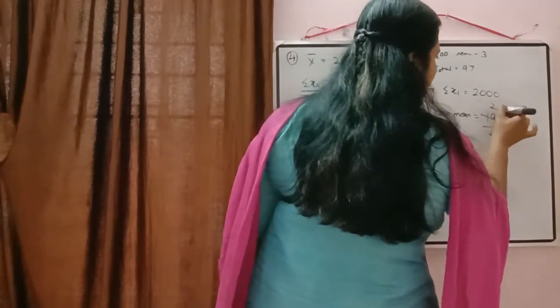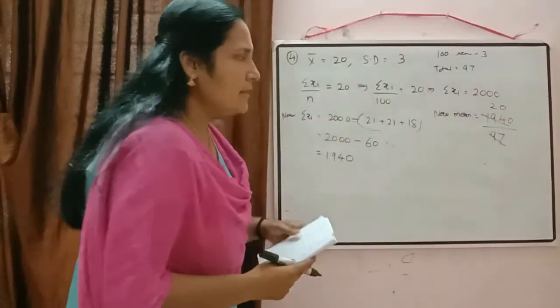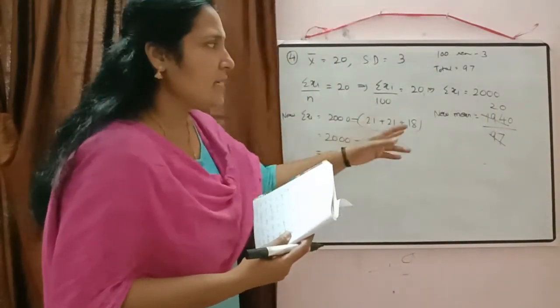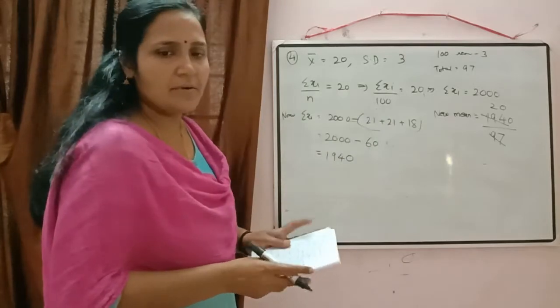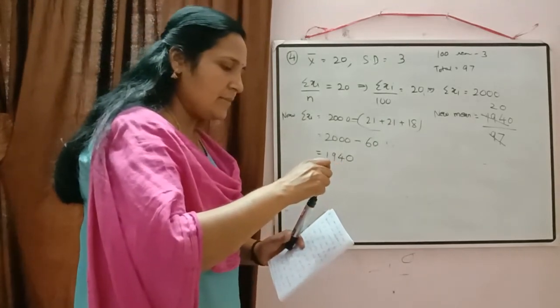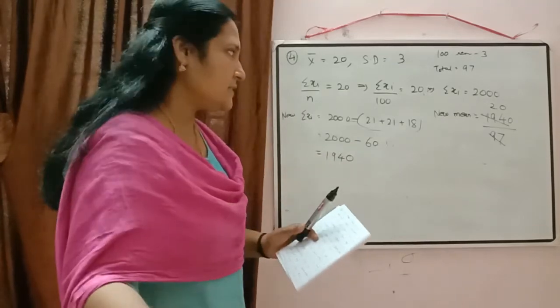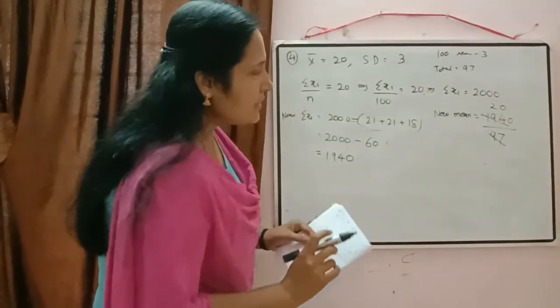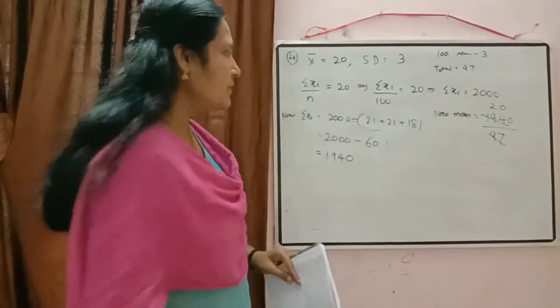So it is divisible by 97. So if the observations are removed, our new mean is 20 only.